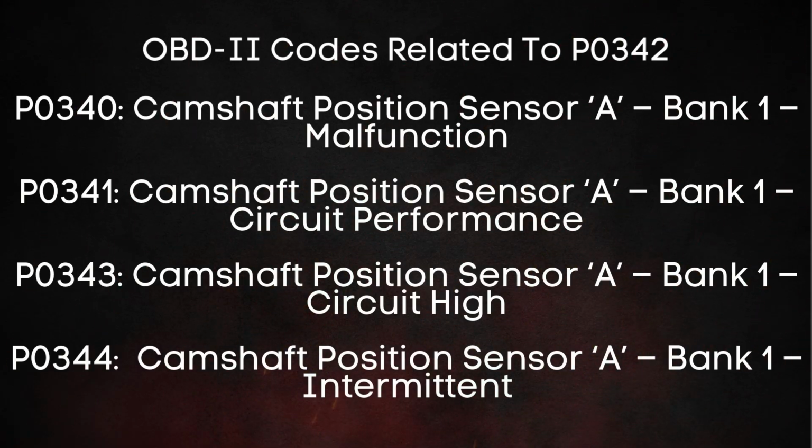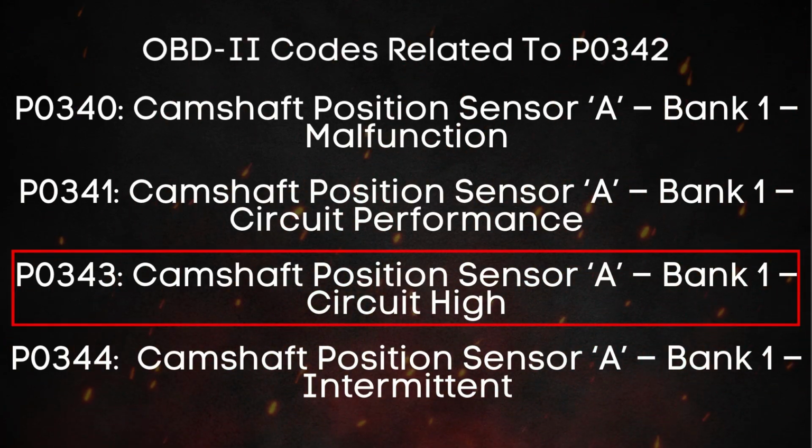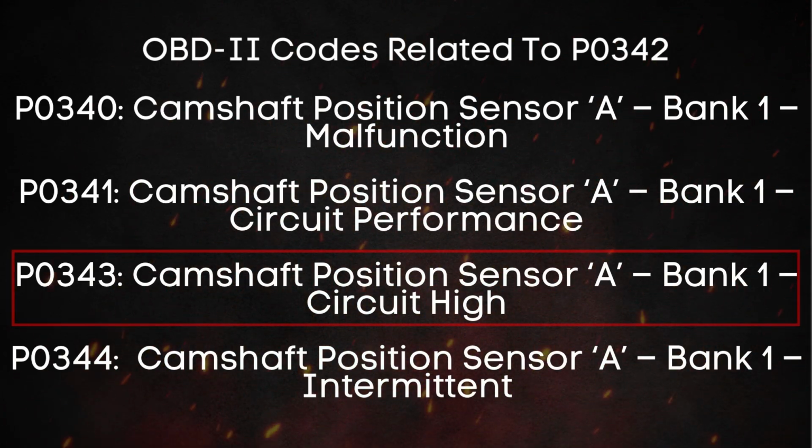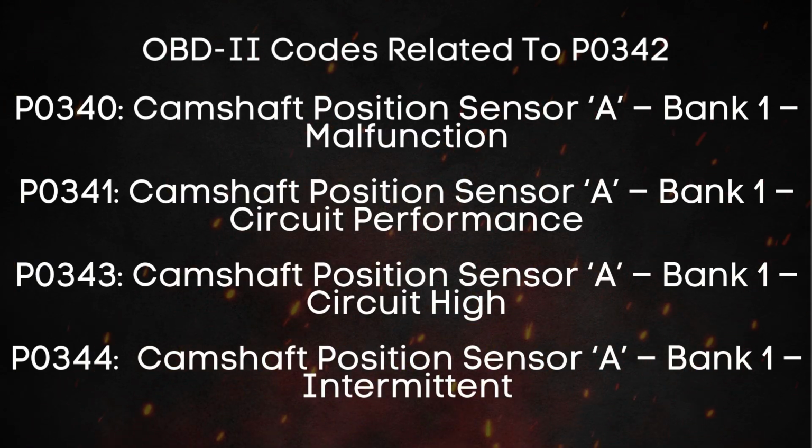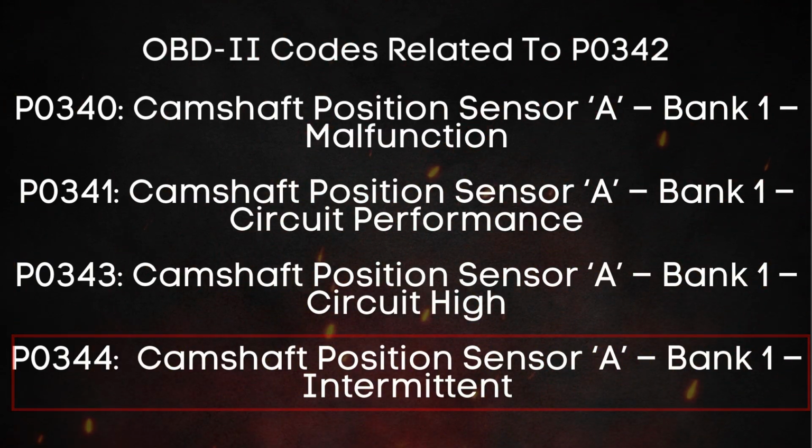On the flip side, you might see P0343, which is Intake Camshaft Position Sensor for Bank 1 circuit high. It means the sensor is sending too much voltage, often due to a short circuit or a sensor that's completely failed. And finally, there's P0344, which stands for Intake Camshaft Position Sensor for Bank 1 is intermittent. It means the signal is cutting in and out.